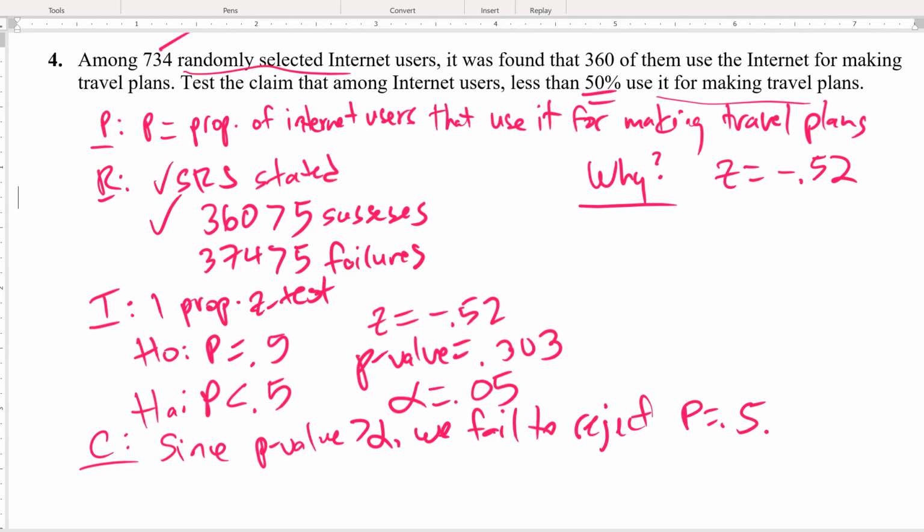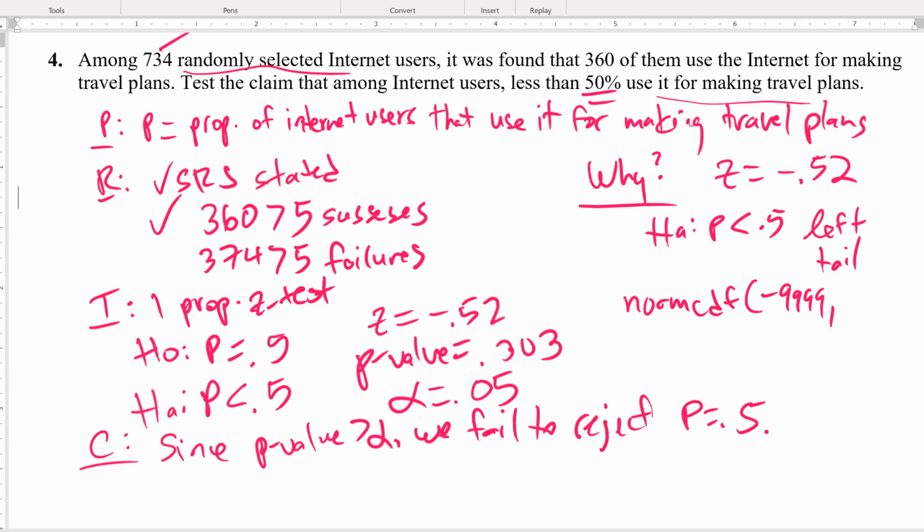Okay? How did they get that p-value? Well, the alternative this time was less than, right? So this is not a right tail test. This is not a two tail test. This is called a left tail test. So that would be norm CDF to the left of negative 0.52.